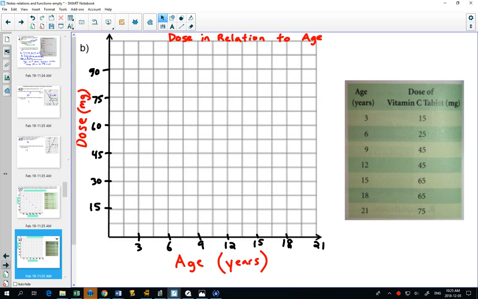Dose in relation to age. $15, $25, $45, $45, $65, $65, and $75.